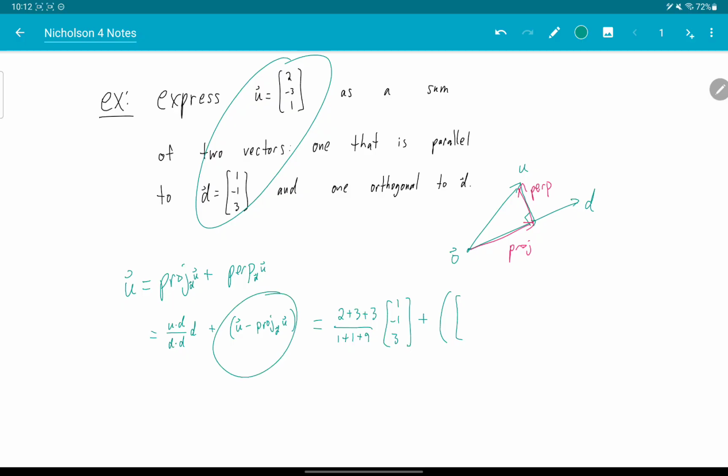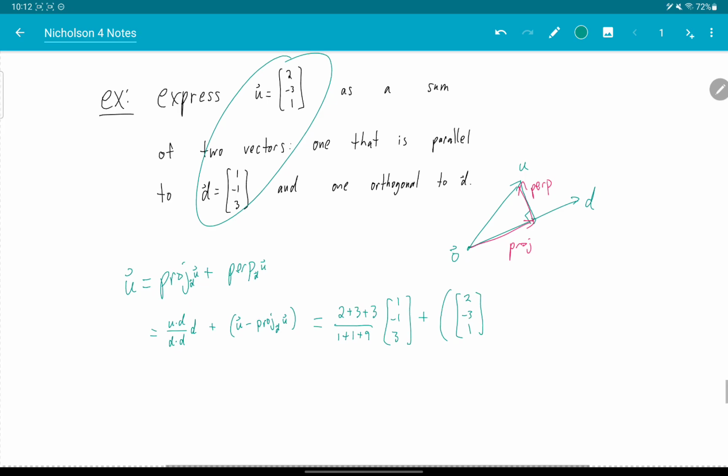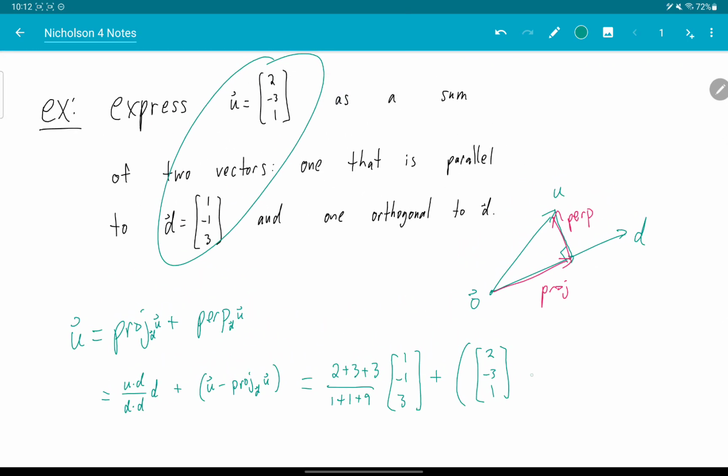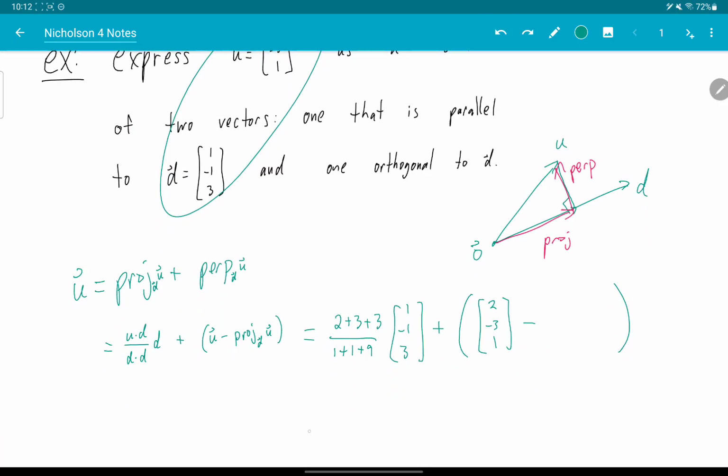And then for this bracket, I have U minus projection. So U is 2, minus 3, 1. And then it's going to be minus this projection. This projection here is going to be the same one as I have here, so I'll hold off from writing anything here.